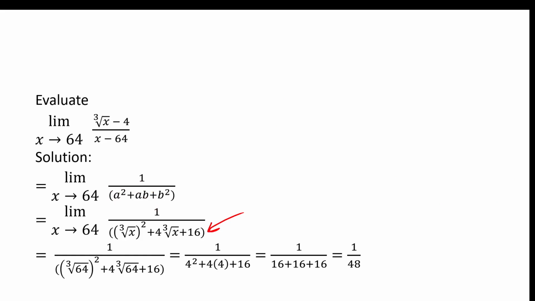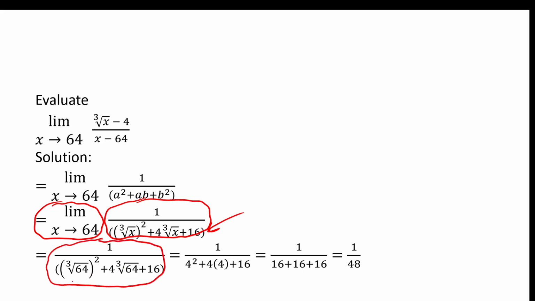Now, we have x's still in our expression, so that means we still have x's written here, limit as x goes to 64. We plug a 64 in for each of our x's, so there's no more need for the limit notation. We know that the cube root of 64 is 4, so instead of saying the cube root of 64 quantity squared, we can say 4 squared.